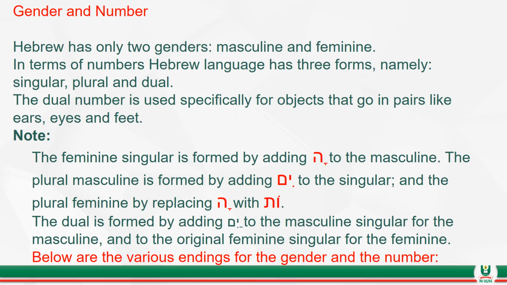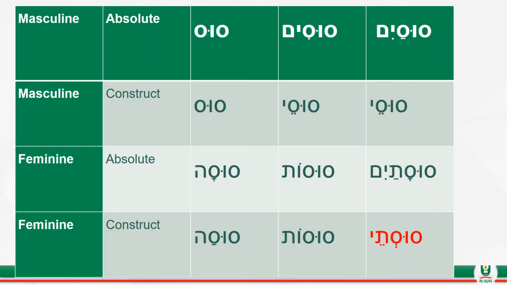The dual is formed by adding yim, while the feminine dual is done by adding tayim. In other words, the original feminine singular for the feminine.